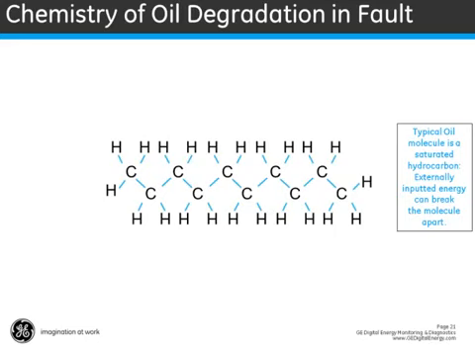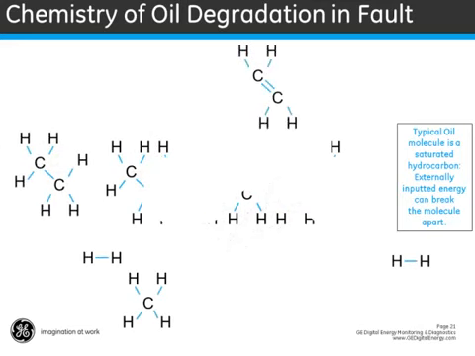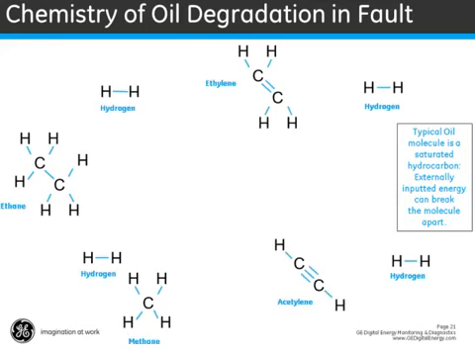So as we watch the animation, we see inputted energy from a transformer fault break the molecule, with the resultant released parts of the molecule reforming into various different gases. You will note that a lot of hydrogen is produced, and as I mentioned earlier, hydrogen is produced under all fault conditions.